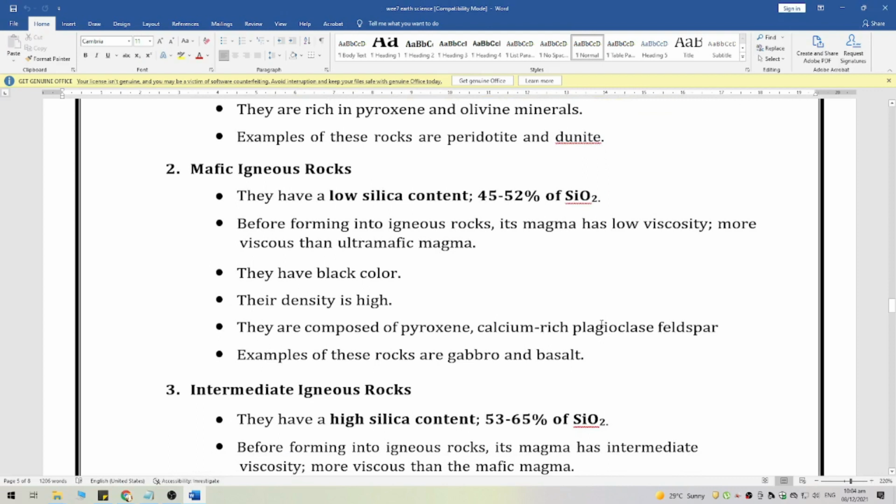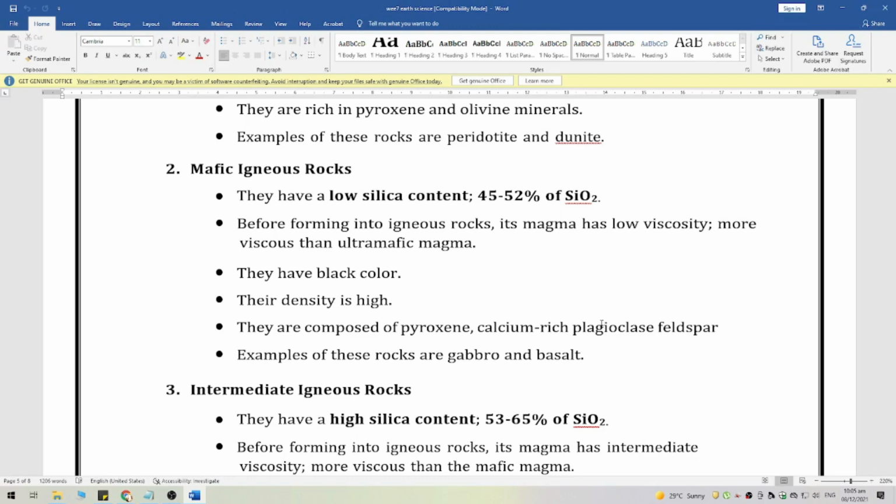Before forming into igneous rocks, its magma has low viscosity, more viscous than ultramafic magma. They usually have black color and their density is high. They are composed of pyroxene and calcium-rich plagioclase feldspar. Examples of these rocks are gabbro and basalt.